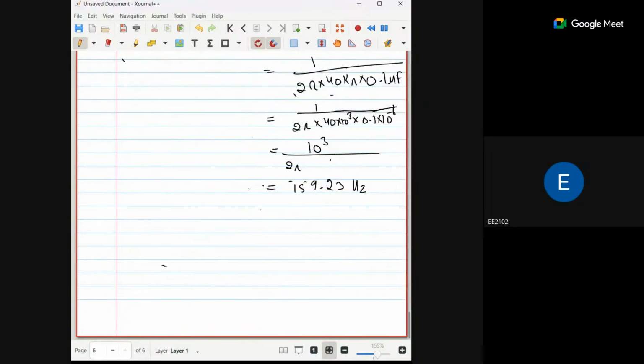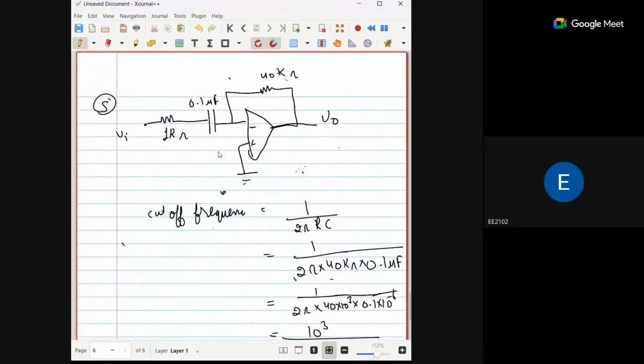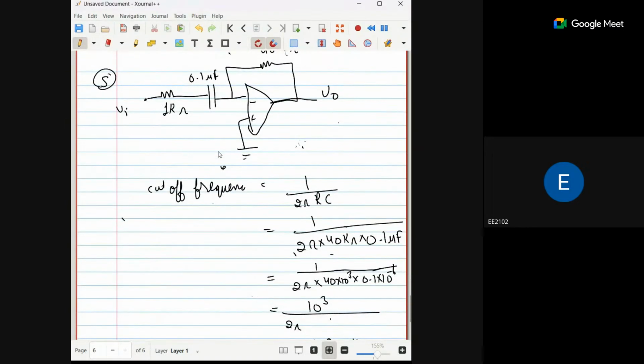And for that transfer function, we use the same KCL.